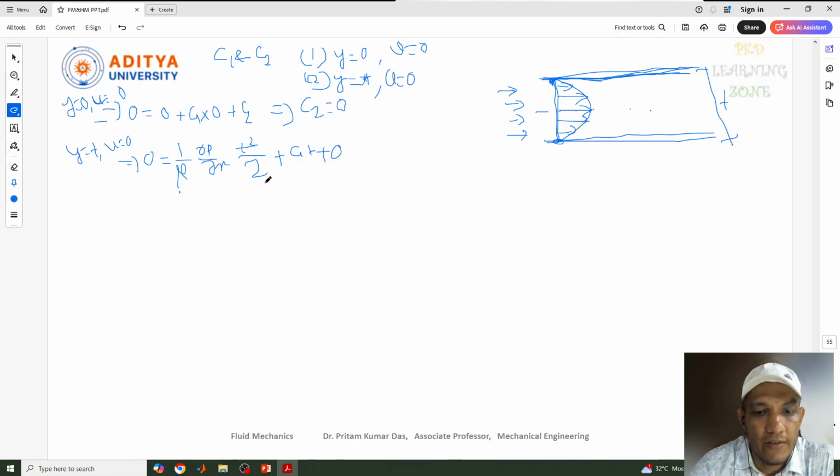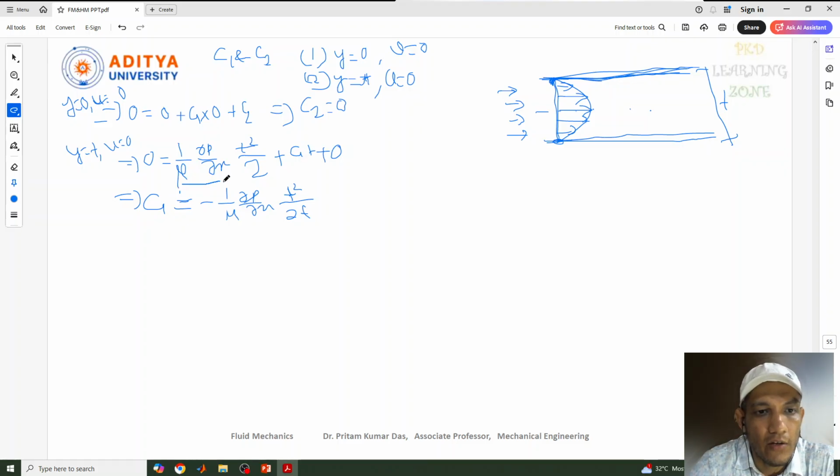Now this is the equation of that. So what I'll do here, I'll just take the value of c1. So c1 equal to, I can write here minus 1 by mu del p by del x, and this is t square by 2t, because here c1t was there.